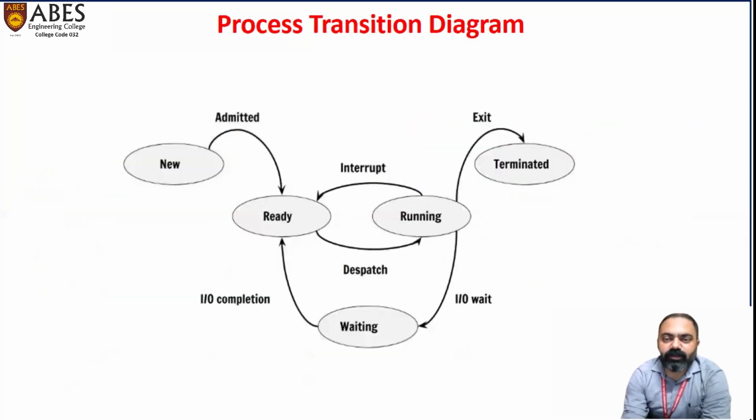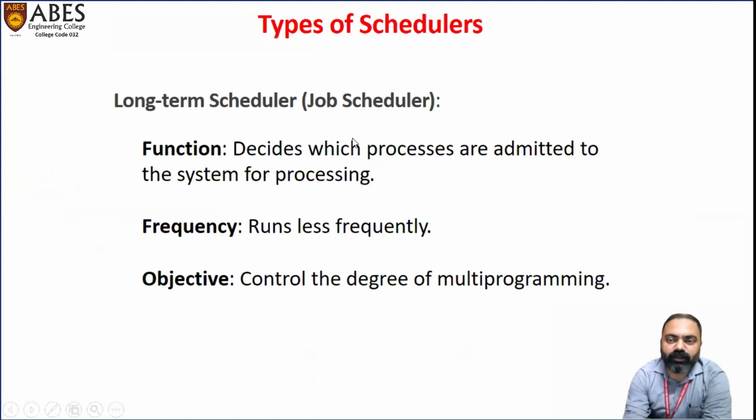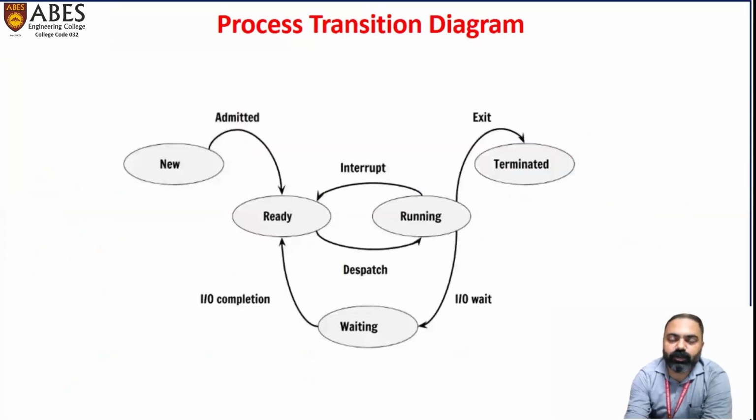This is the life cycle diagram or process transition diagram, whatever you want to say. Here you can see the processes created in the system are put inside the job queue and labeled as new.